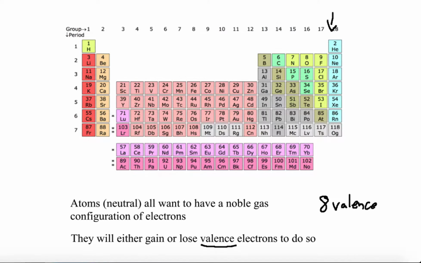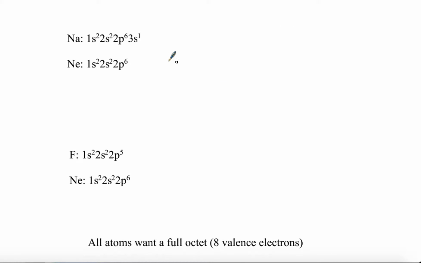If we take a look at some examples here, like for sodium, sodium's electron configuration goes all the way up to 3s1. Sodium is closer to neon for the noble gases. If you take a look here, neon has in the second energy level 8 total valence electrons.